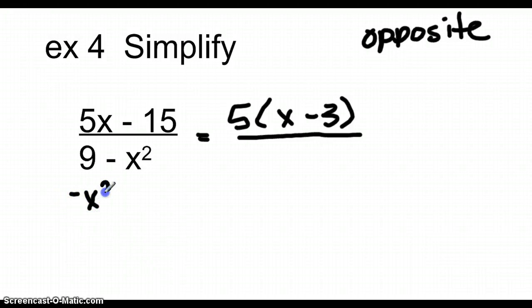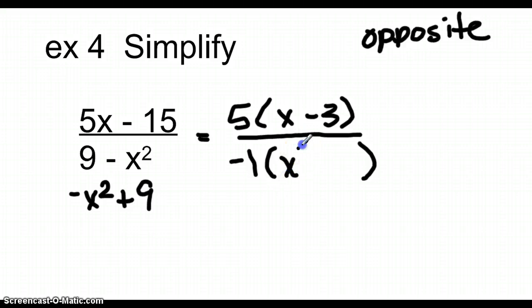Normally I would see the x squared first and the 9 second. The main issue with this though is that the x squared happens to be negative, and we don't usually deal with things that are negative. So the first thing that I would do is pull a negative 1 out. That basically means I would change the signs of these two. So it would become x squared minus 9.